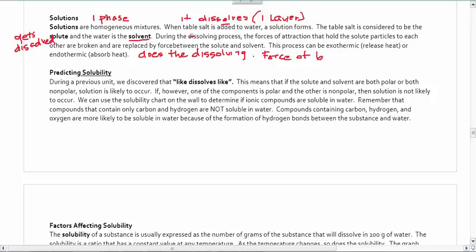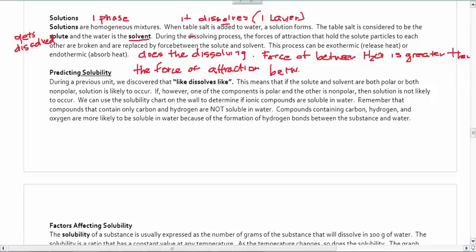The force of attraction between H2O is greater than the force of attraction between solute particles.